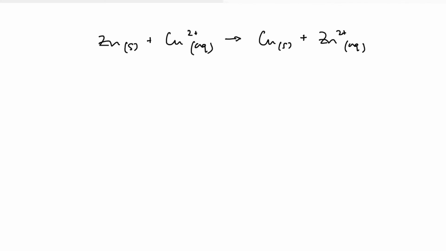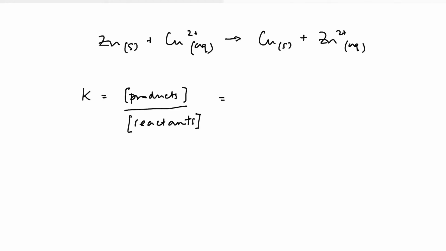The concentration, or if we were dealing with gases, pressure of the reactants and products at equilibrium are related by the equilibrium constant K. We should be familiar with this. So K is equal to the concentration of the products over the concentration of the reactants.